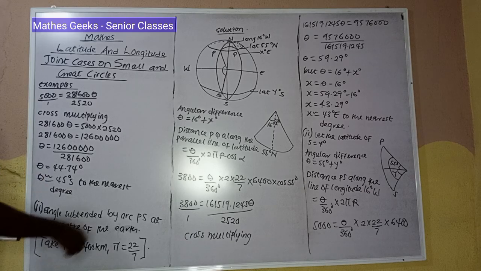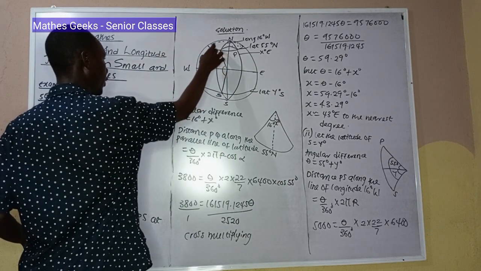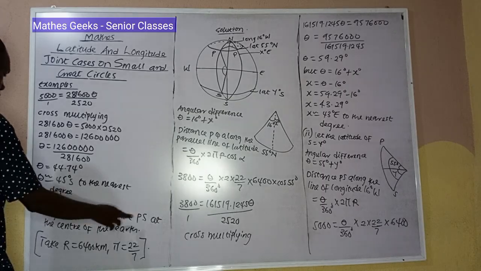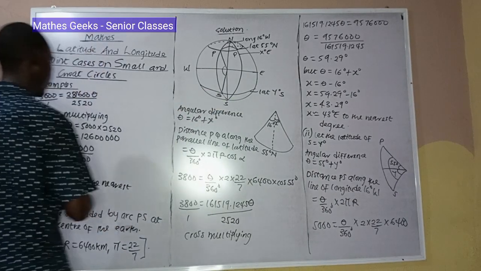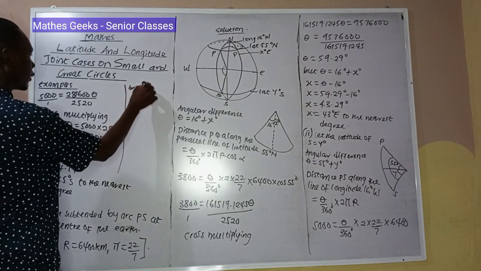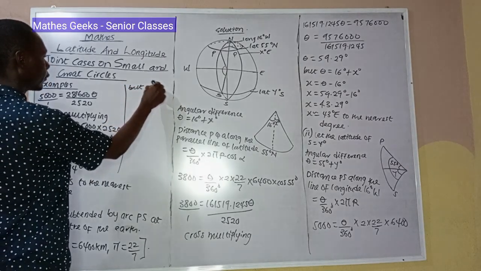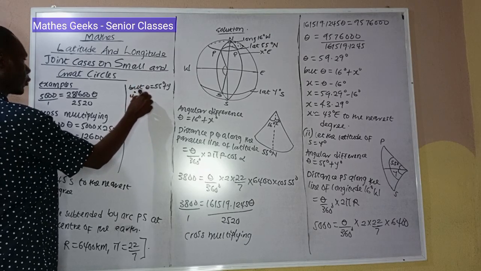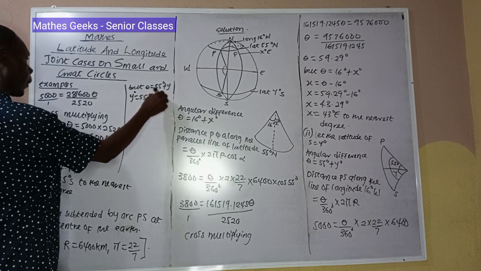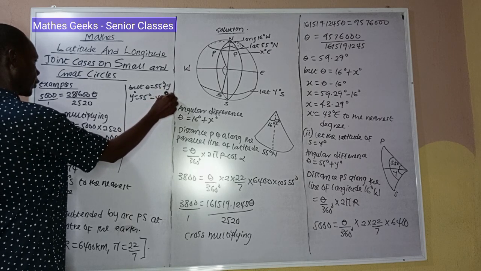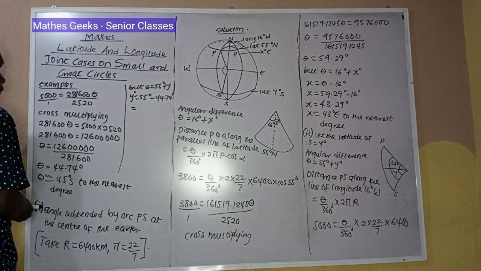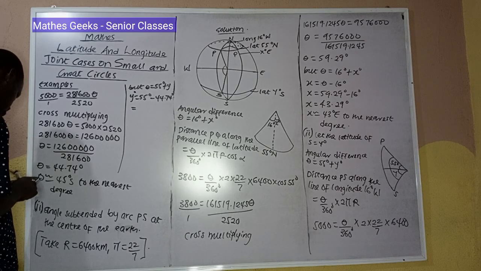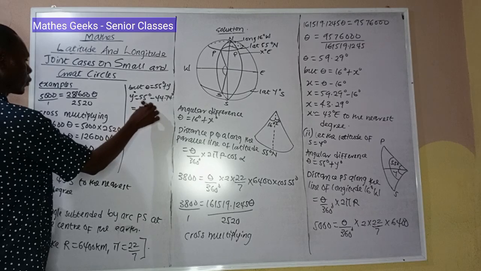This is what we were told to look for, the angle from the radius to P to the radius to S. Once we have this, we can also get the latitude of S. Since theta is equal to 55 degrees plus y, y degrees is equal to 55 degrees minus 44.74 degrees, which is 10.26 degrees.